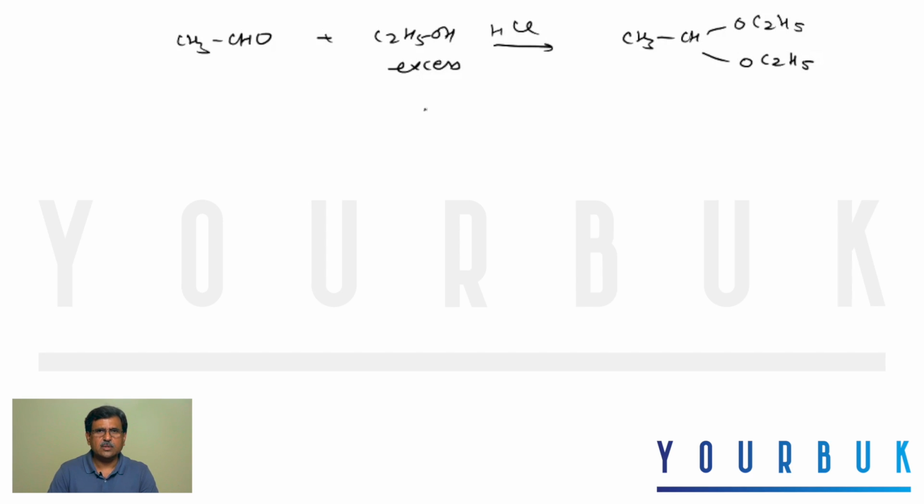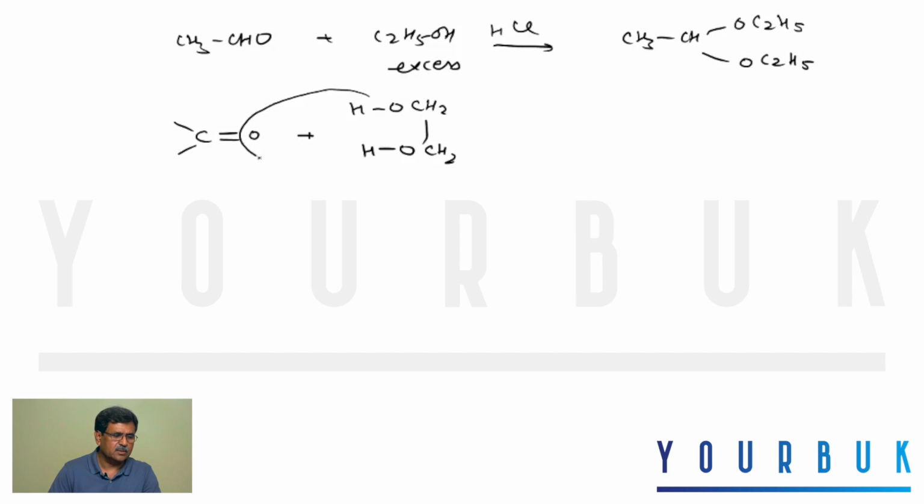Now instead of using two molecules of a monohydric alcohol, we can also use one molecule of a dihydric primary alcohol. For example, this is glycol, a dihydric alcohol. Now a dihydric alcohol directly results in the formation of a cyclic compound, and it's a 5-membered ring, so it is stable and exists.